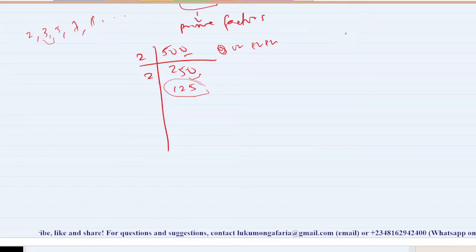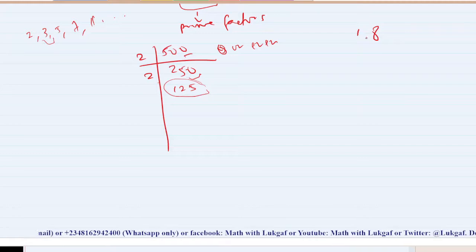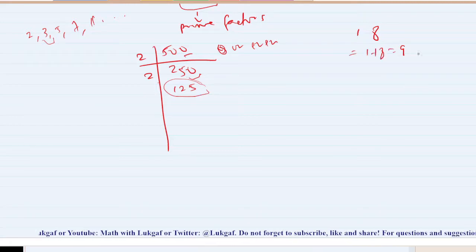For example, 18 is a multiple of 3, that is 3 is a factor of 18, because when you add the digits together, 1 plus 8, you get 9, which 3 can divide. But 3 cannot divide 125, because when you add the digits together, 1 plus 2 plus 5, you get 8. So 3 cannot go in 8.